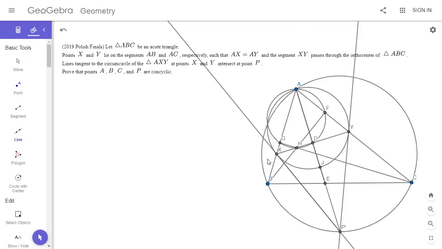Let me just double check. Okay, so here's going to be my strategy. I'm still trying to figure out where I use that H as the orthocenter.